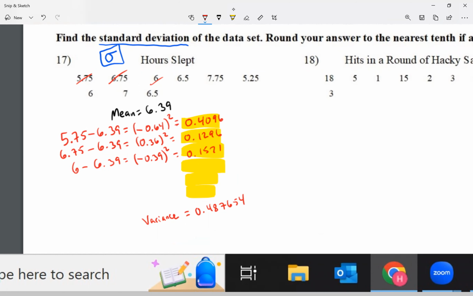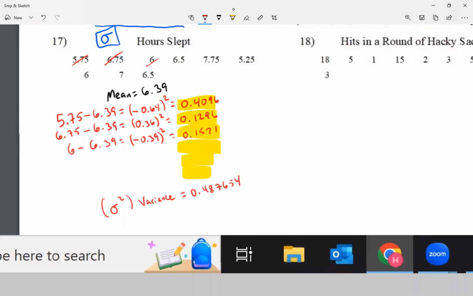Okay, so remember for variance, the symbol that I used was sigma squared. Now for standard deviation, the symbol that I'm using is just the symbol sigma. So as the variance, let me get the square root of the variance.